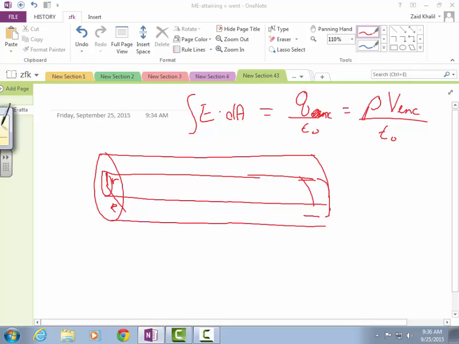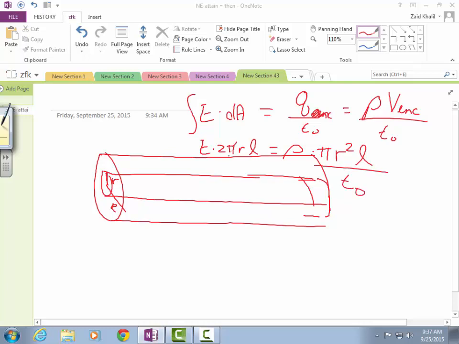What do we have here? The area over which you're evaluating it is 2 pi little r L. The volume enclosed in our Gaussian surface is pi little r squared L, over epsilon naught.